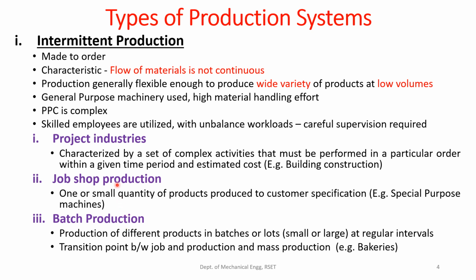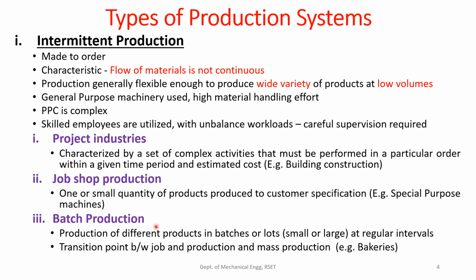The third kind of intermittent production system is a batch production facility, where production of different kinds of products is done in small batches or lots at regular intervals. Now, these batches can be of small size or large size, and it depends upon the kind of order that is expected or received from the consumer.